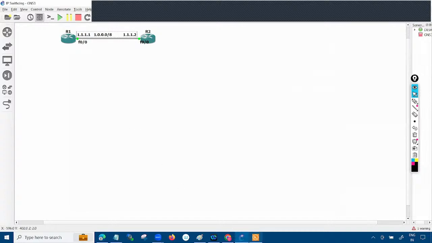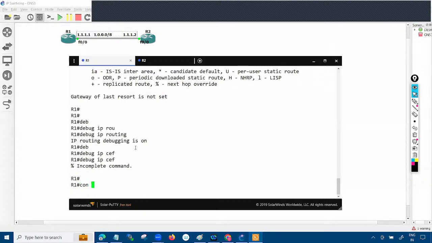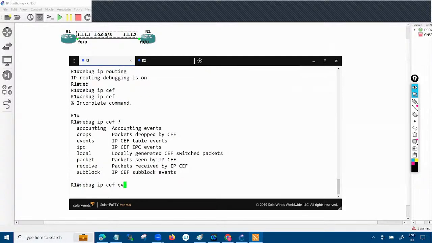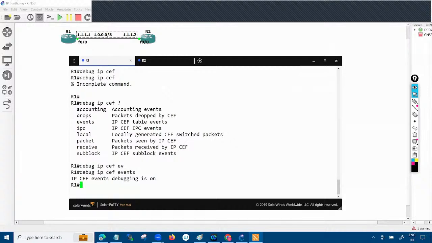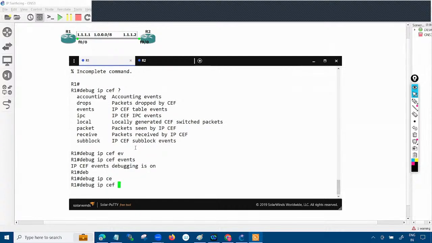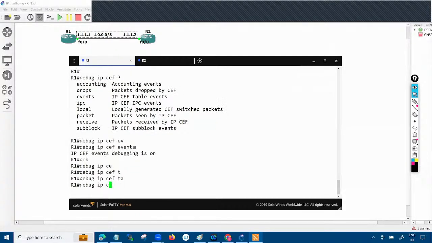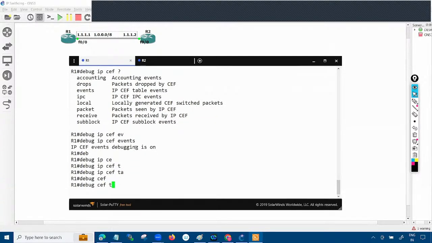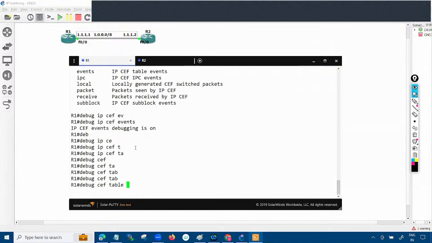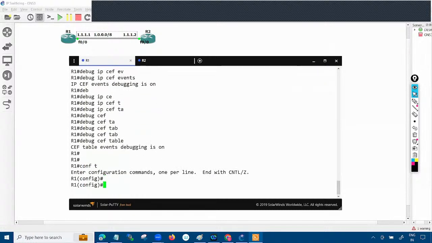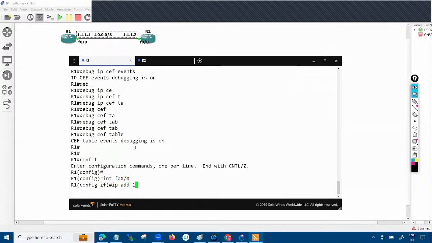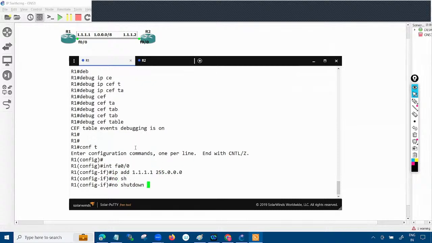Okay, and I'll just go to router one and check that I haven't enabled any debug ip cef events. There is a command that will show you: debug ip cef table. Yes, the table is there. So on interface 0/0, the IP address will be 101.1/8, no shutdown.